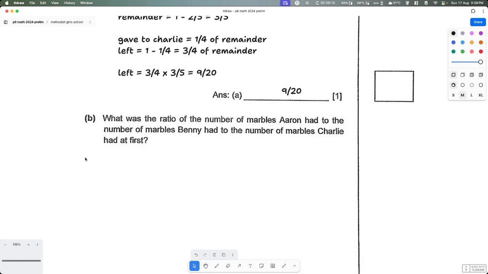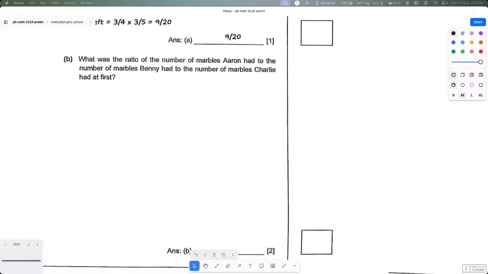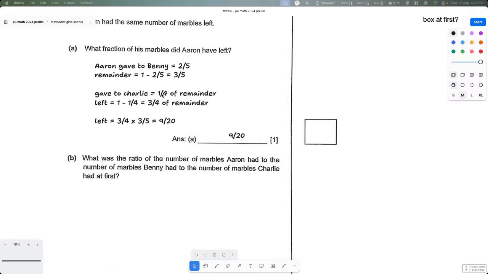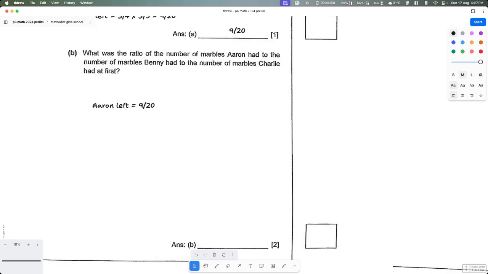Part B. What was the ratio of the number of marbles Aaron had to the number of marbles Benny had to the number of marbles Charlie had at first? Okay, so to do this, we know that Aaron over here had 9 out of 20 left, so that means convert fractions to units.